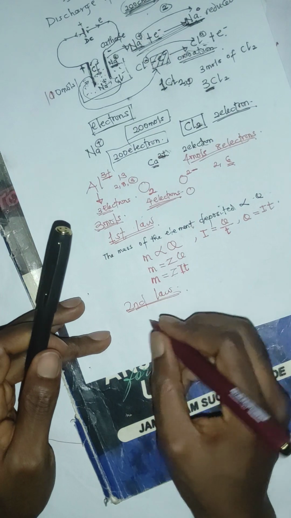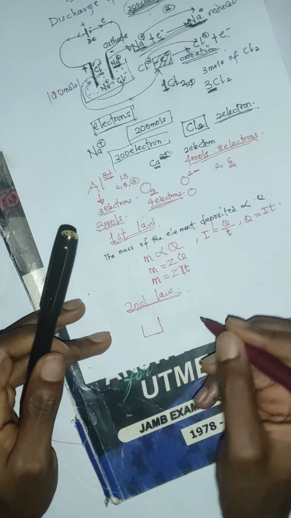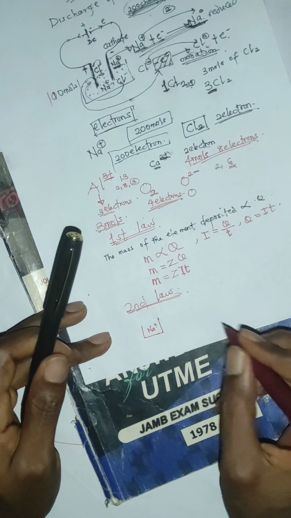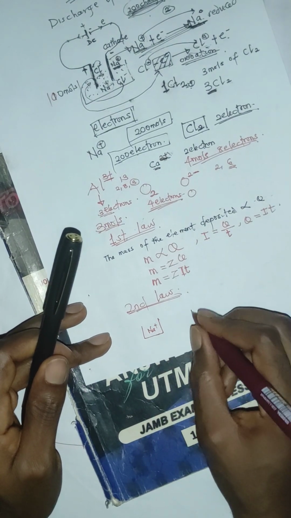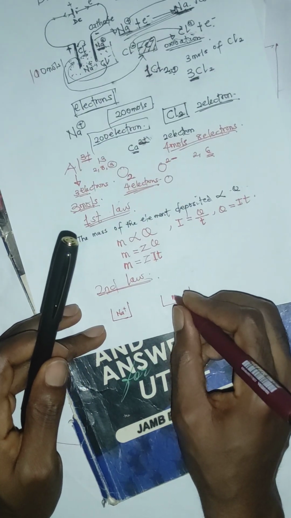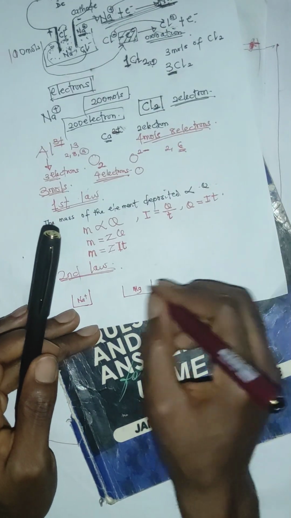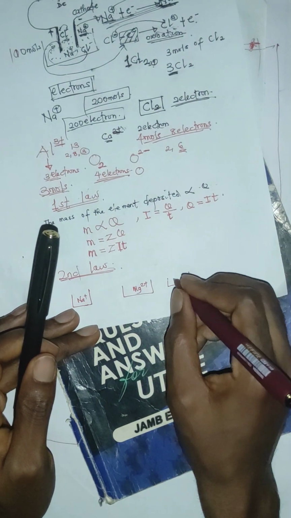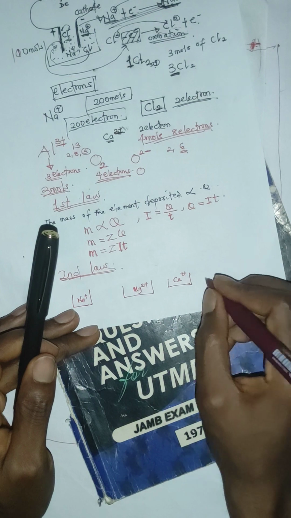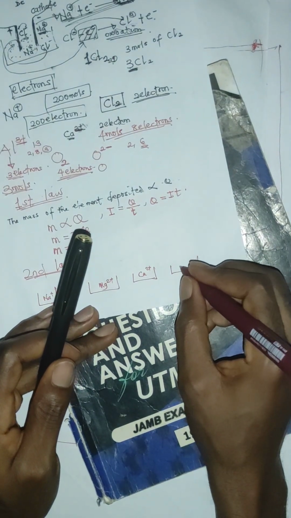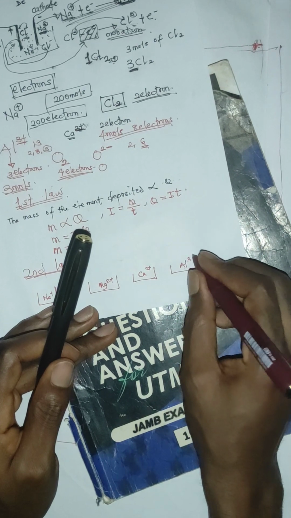You can see that if I have an electrolyte that contains sodium ion or a salt of sodium, and I have another electrolyte that consists of the element magnesium, and I have another electrolyte that contains the element calcium, and I have another electrolyte that contains the salt of aluminium 3+.